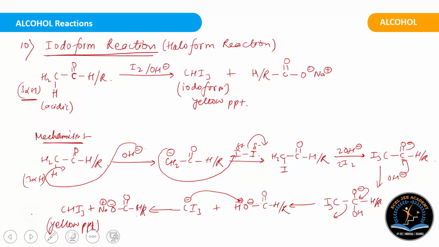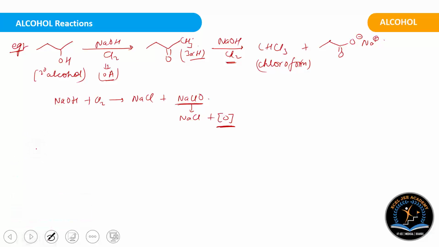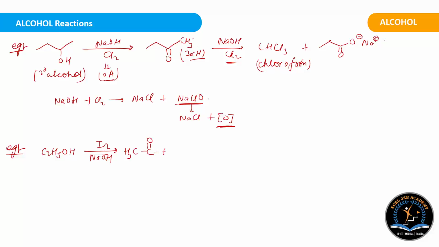Now similarly, the next example for this iodoform reaction: we are doing the reaction with C2H5OH, which is a 1-degree alcohol. In presence of iodine and NaOH, it will be oxidized to an aldehyde. Now this aldehyde on reaction with further iodine and base, that is I2 and OH minus, will form CI3 C double bond OH.